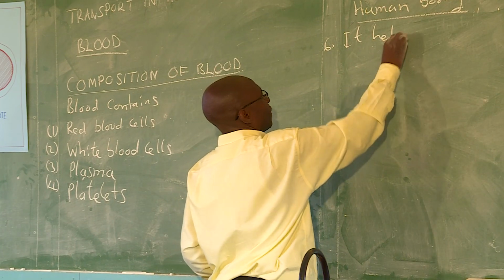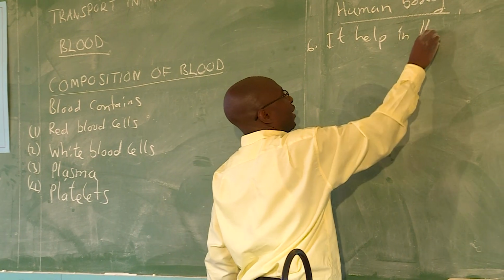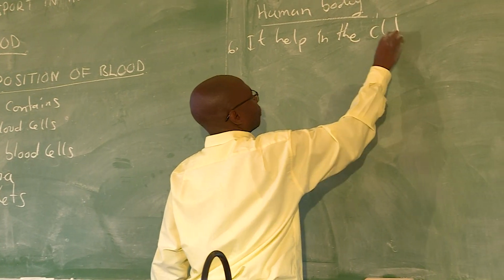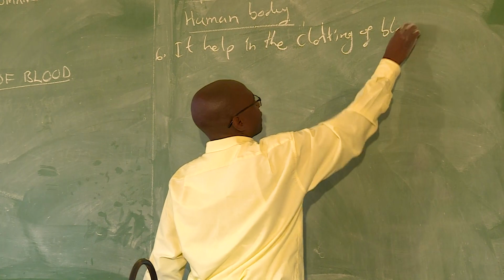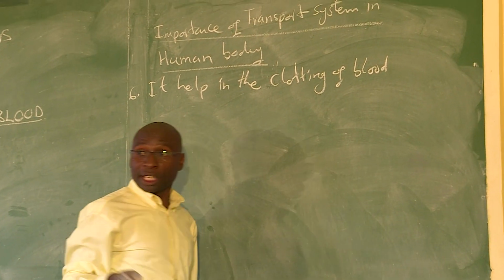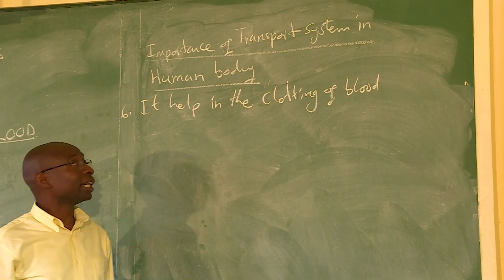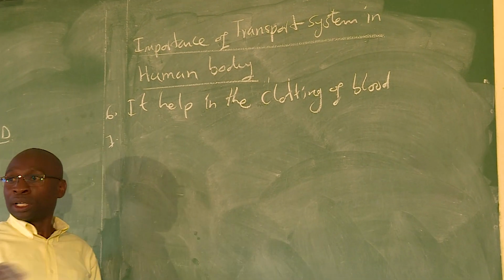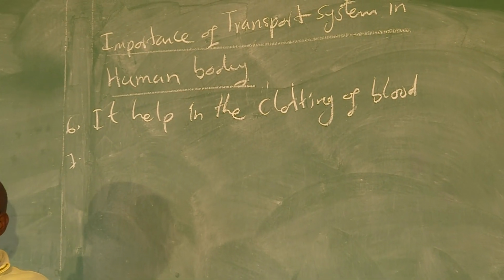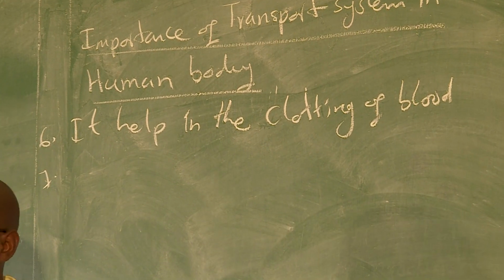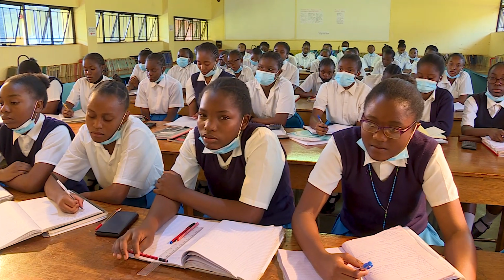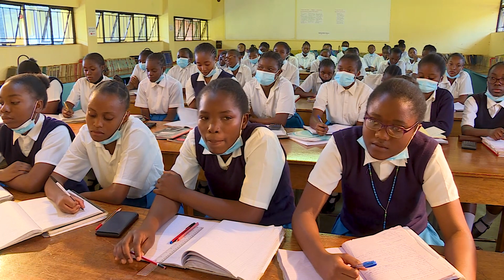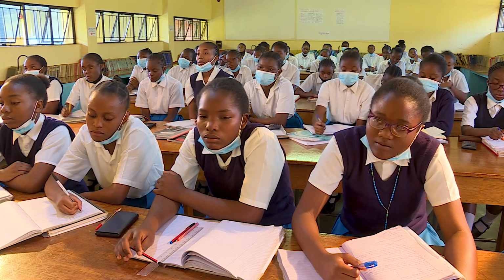It helps in the clotting of blood by transporting the platelets to the site of injury. The other one is that it transports the hormones or the materials of endocrine glands.